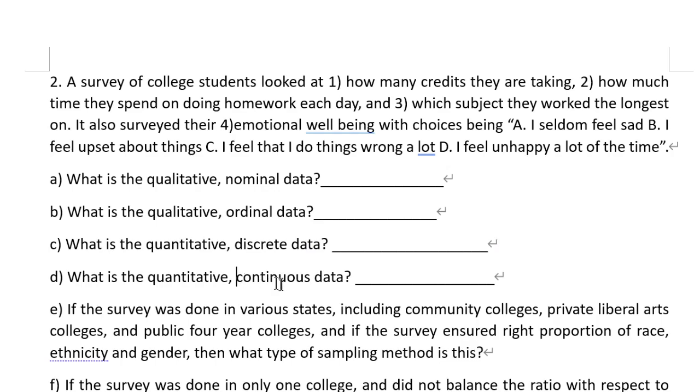Continuous means that if you have 2 numbers, 3 and 5, can you have 4? Or if you have 3 and 4, can you have 3.5? If you have 3 and 3.5, can you have 3.25? If there's always a possibility for a value to be between any 2 chosen values, that's what we call continuous data, because you can have decimals. On the other hand, discrete data is if the data cannot have in-between values.